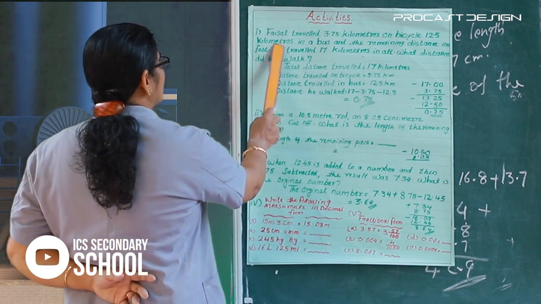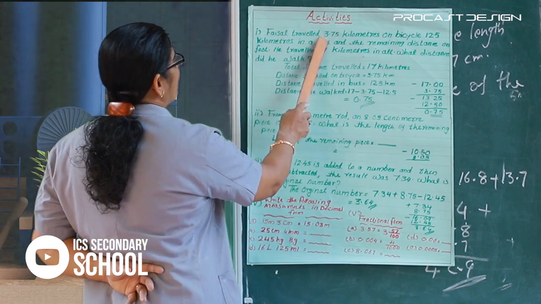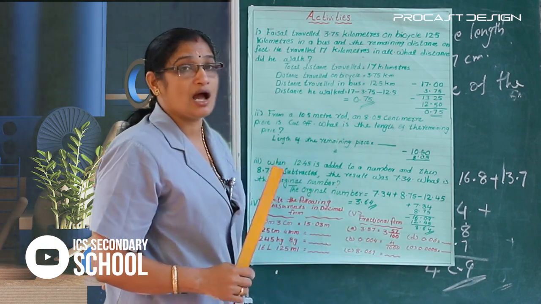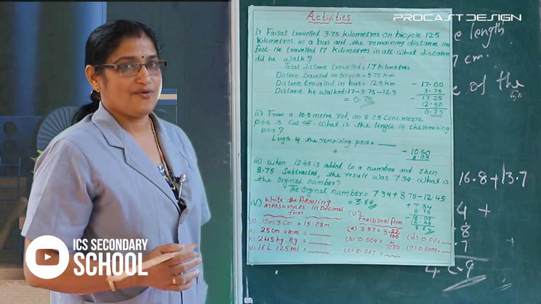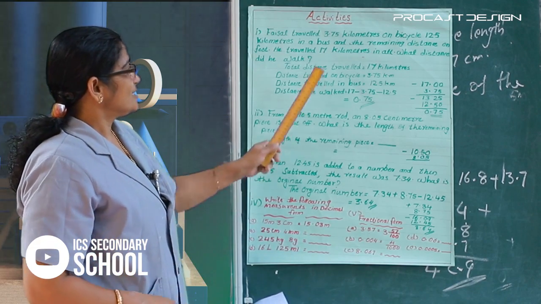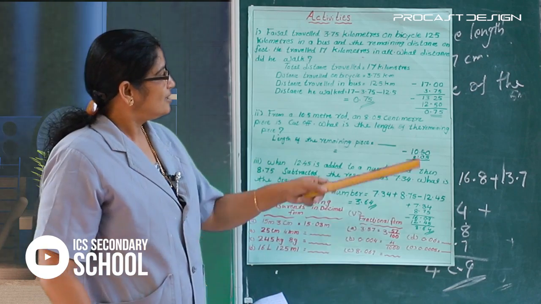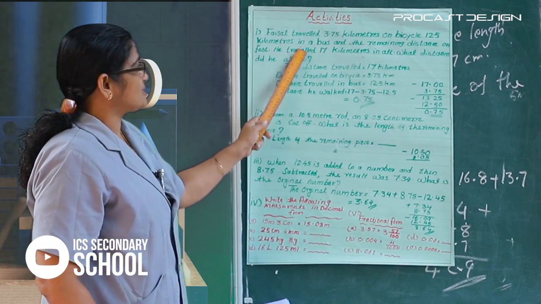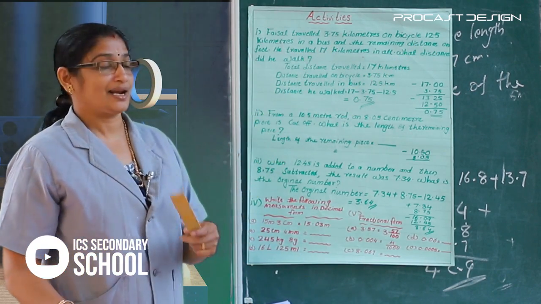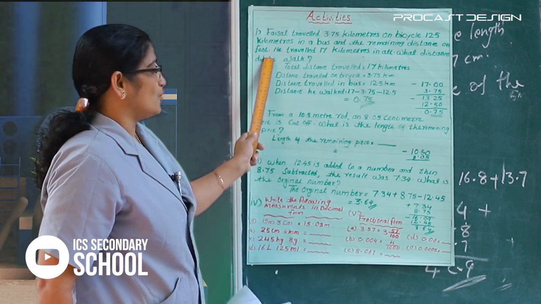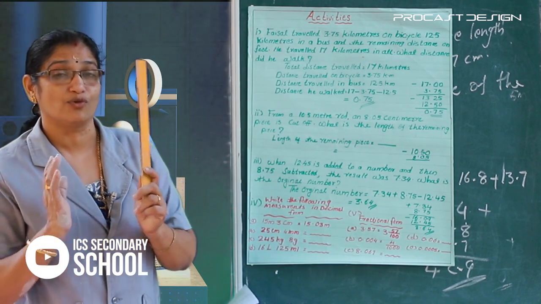Faisal travelled 3.75 kilometer on bicycle, 12.5 kilometer in a bus, and the remaining distance on foot.